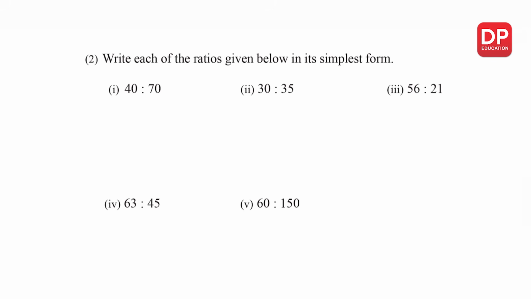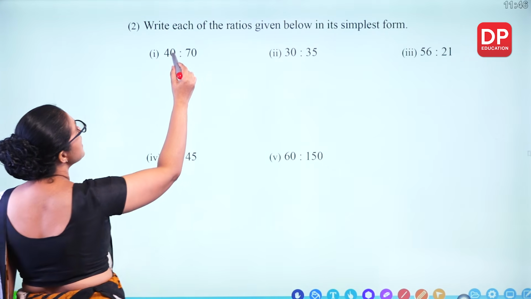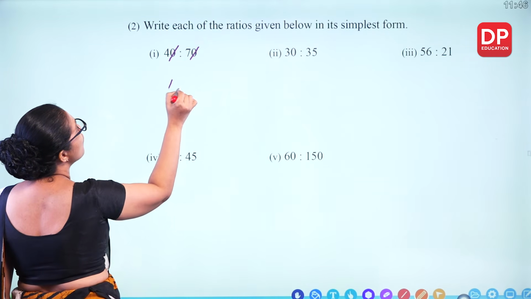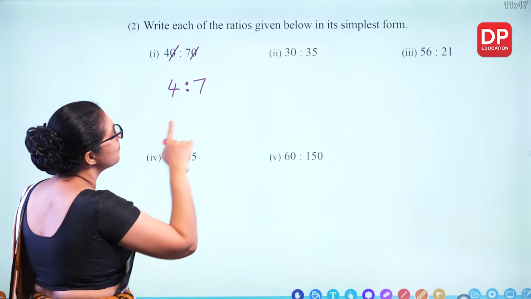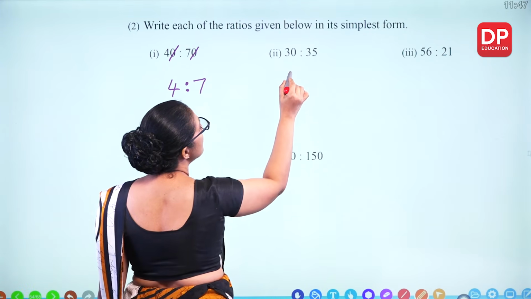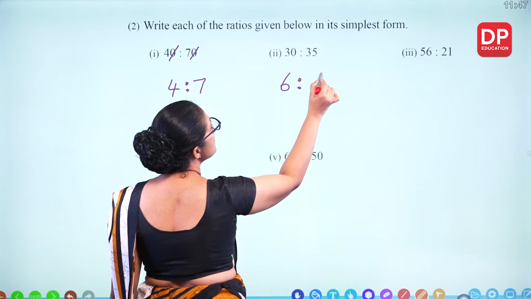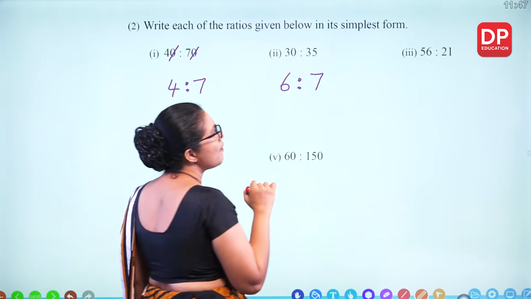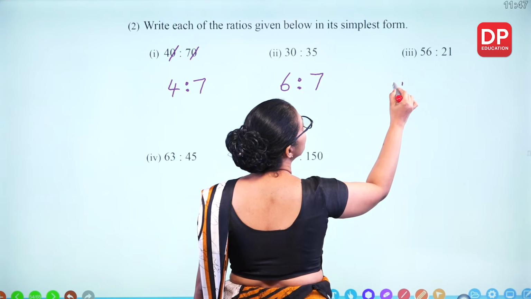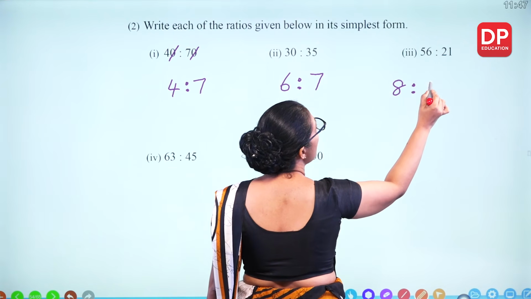Write each of the ratios given below in its simplest form. First divide by 10. 4 is to 7. You can't divide further. Divide by 5. 5 times 6, 5 times 7. That's the simplest form. This one divide by 7, 8 and 3.